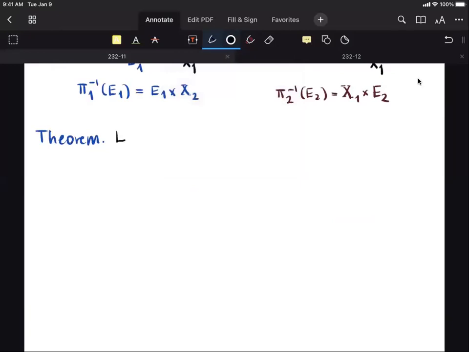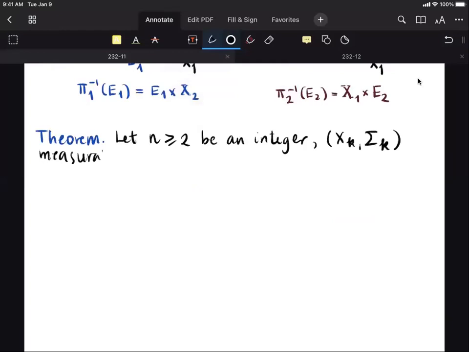Let's consider an integer n greater than 2 and a family of measurable spaces for k from 1 to n.